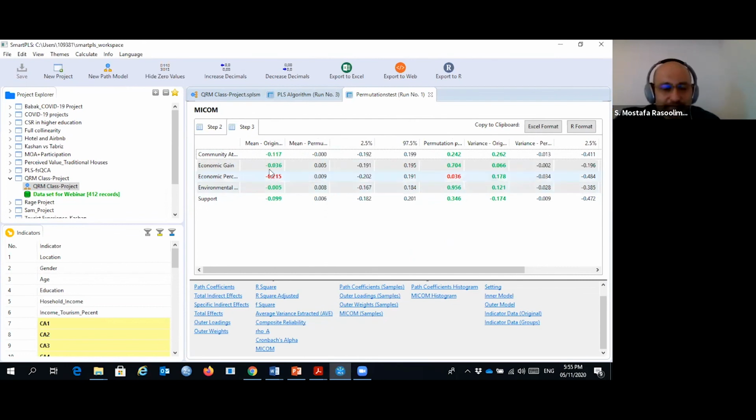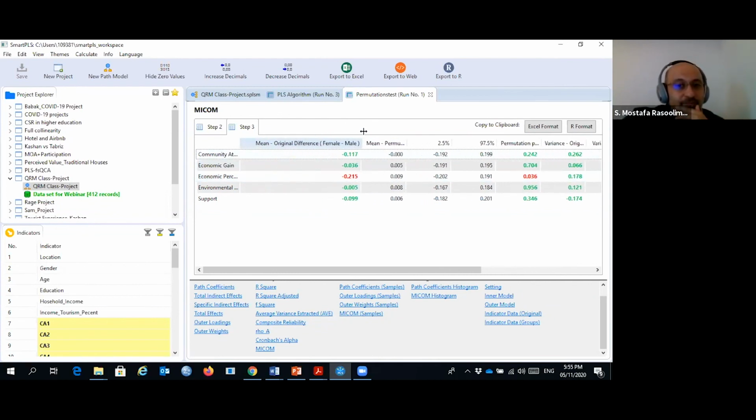In step 3, you can see some mean differences and variances. The variance is not significantly different, but the mean of perception is significantly different in these two groups, right? This is the mean value of economic perception, female minus male.